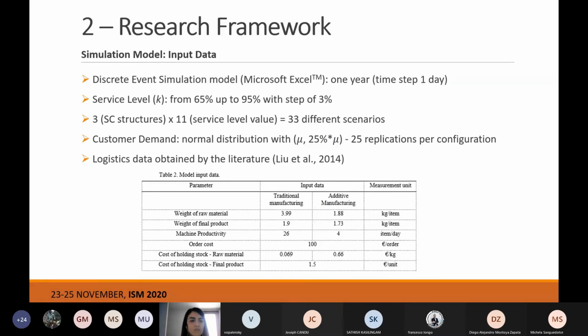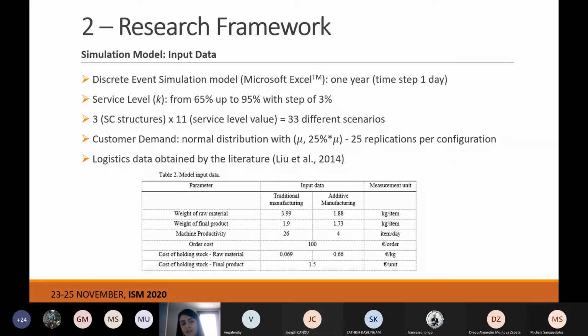Concerning the simulation model, as said, a discrete event simulation model has been developed and one year has been simulated. Different service levels have been tested in order to understand the feasibility of the solution, varying the quality of the service provided. Overall, we tested 33 different scenarios.